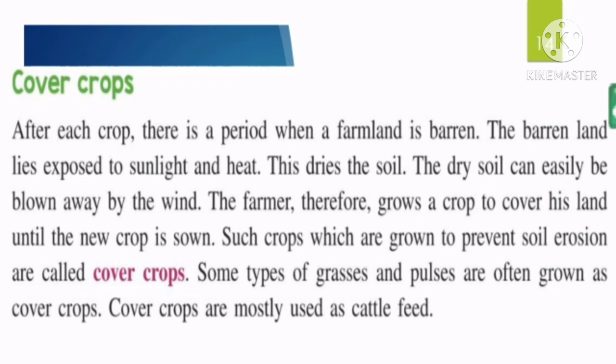The farmer therefore grows a crop to cover his land until the new crop is sown. Such crops which are grown to prevent soil erosion are called cover crops. Some types of grasses and pulses are often grown as cover crops. Cover crops are mostly used as cattle feed.